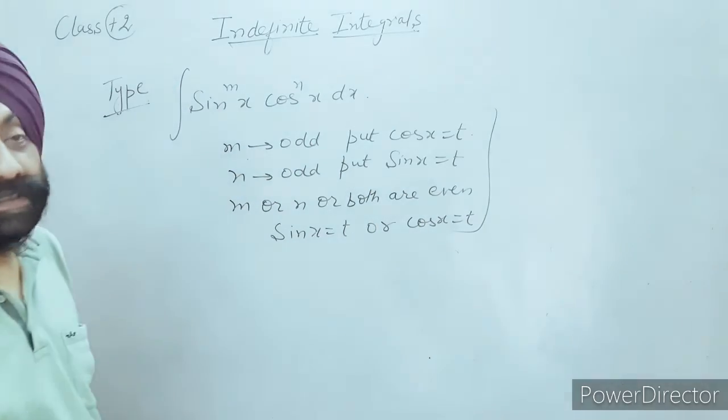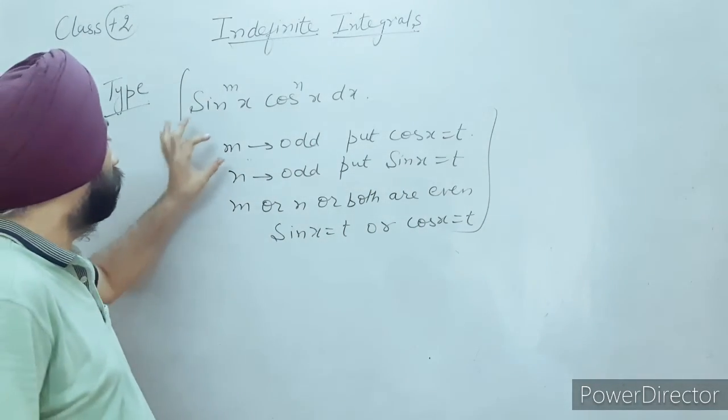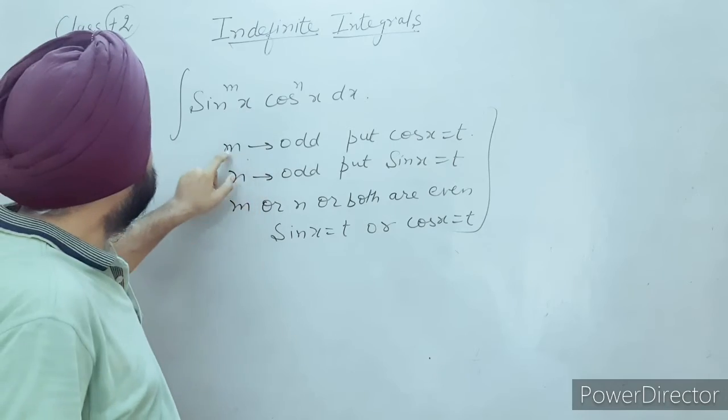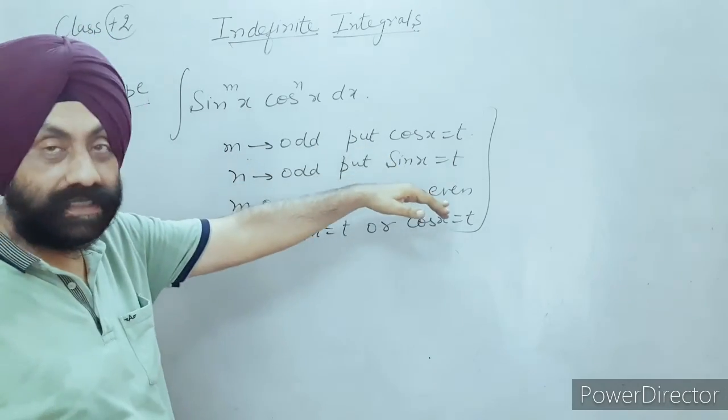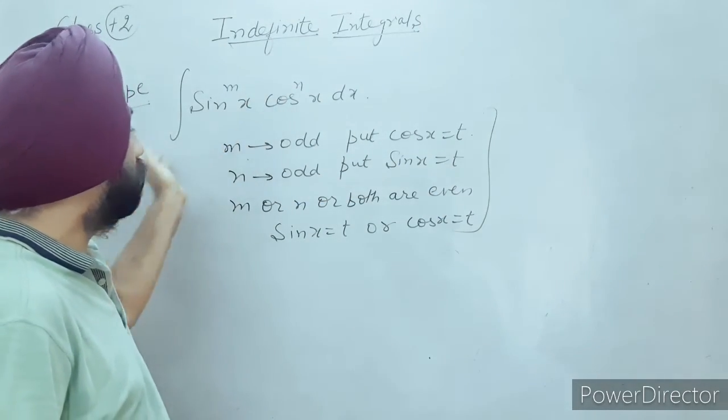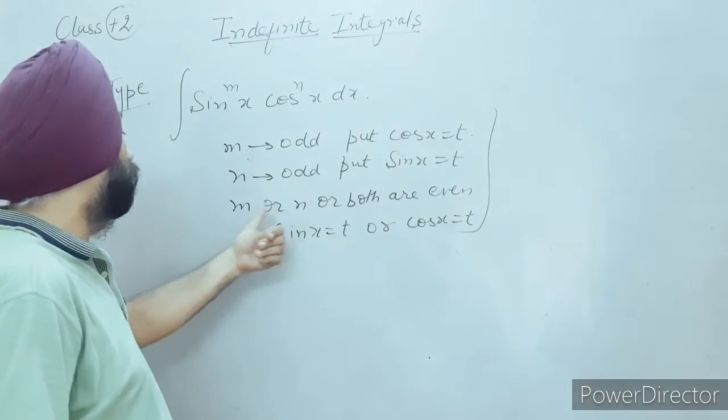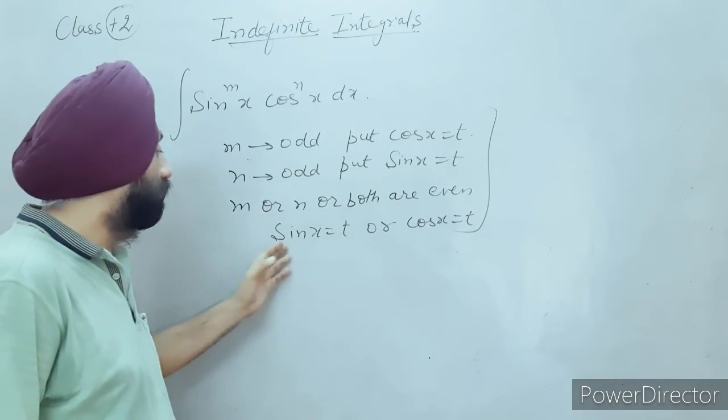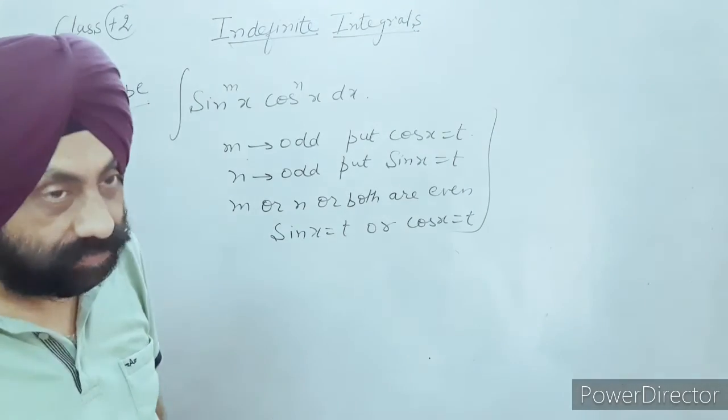These are the conditions which you should follow. M is odd, put cos x as t. N is odd, put sin x equals to t. If m or n or both are even, then sin x or cos x equals to t.